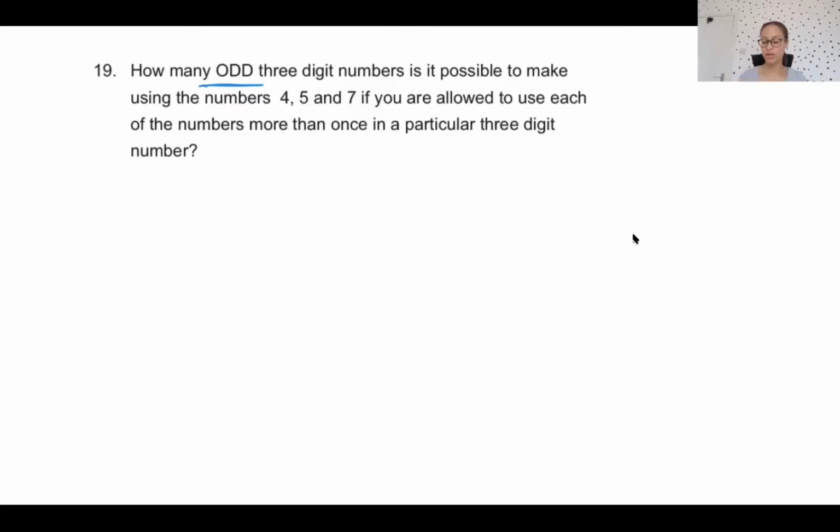Remember, we can use each number more than once. So using just these numbers, you can use them more than once. What is the smallest odd number I can produce with these numbers? So just tell me the smallest odd number you can produce. Smaller than 547. Moffy, you're close, but not quite.